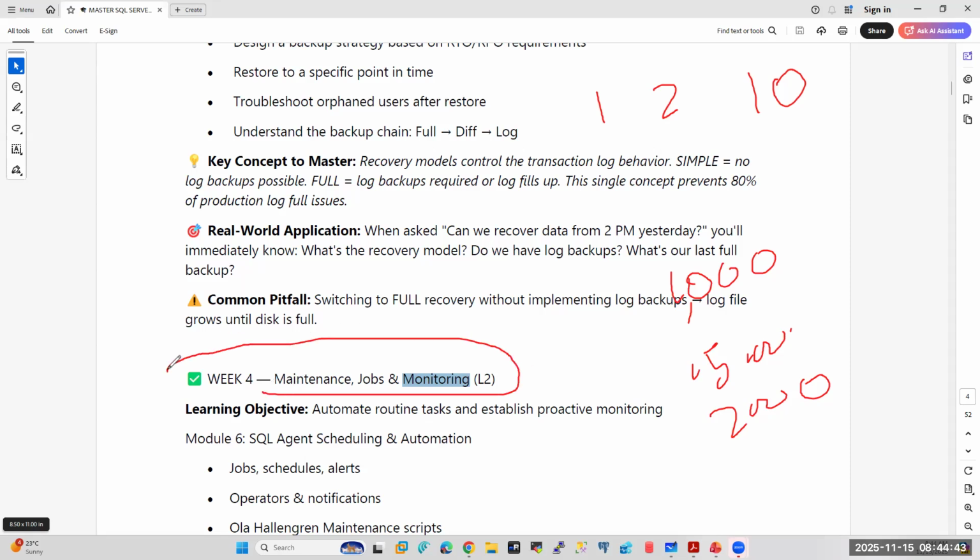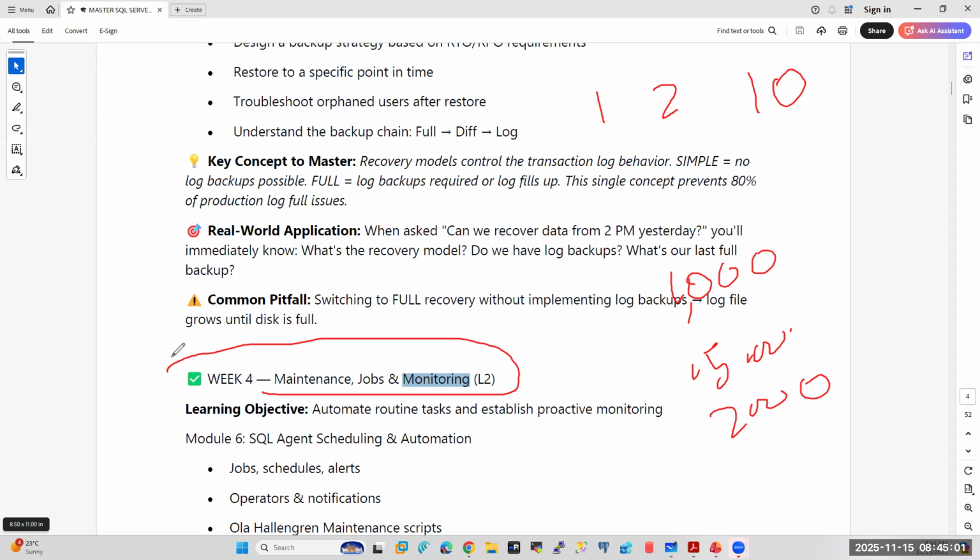See, in simple layman terms to understand, you will set the alarm on your mobile, right? Whenever you wanted to wake up a little early in the morning, or whenever you wanted to set some reminder, you will keep some alarm and you will keep that alarm name also. Okay, it is a kind of automation.